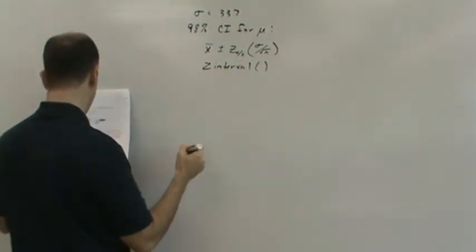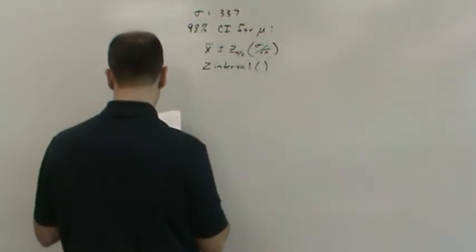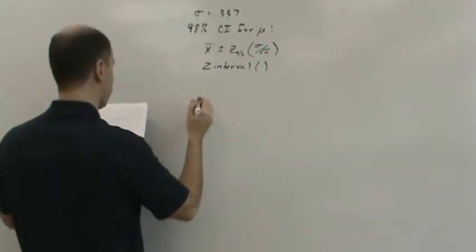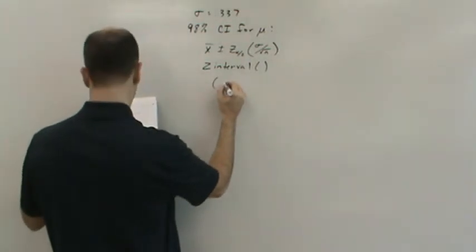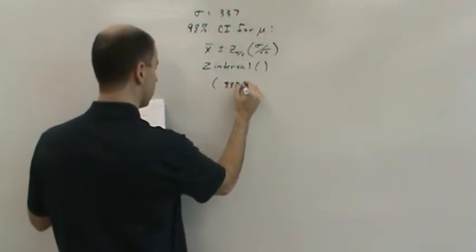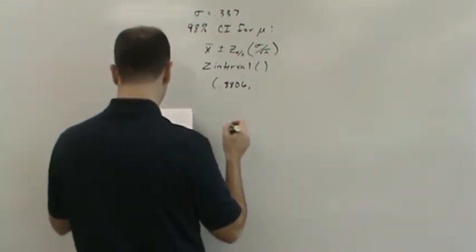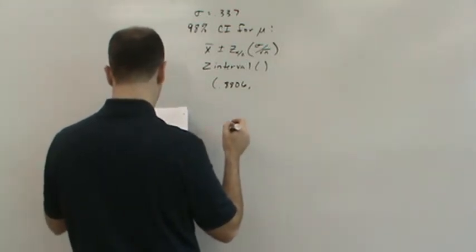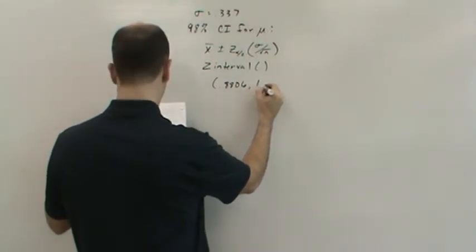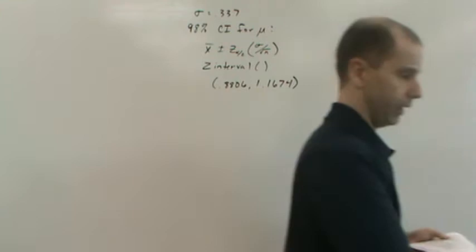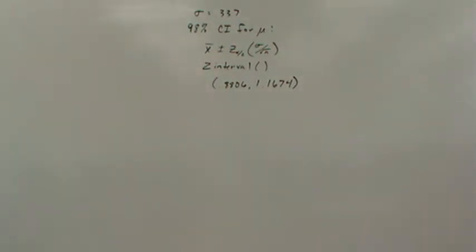The confidence interval we obtained was 0.8806 and 1.1674. Let me go back to the calculator just to double check that.